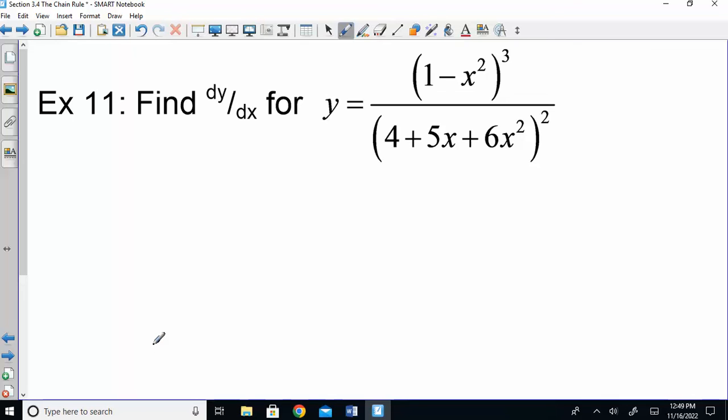Let's try this one. Just give me some seconds. I have not updated my board. Okay, so quotient rule.